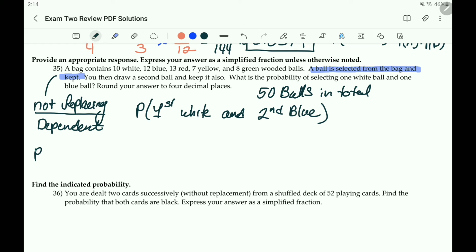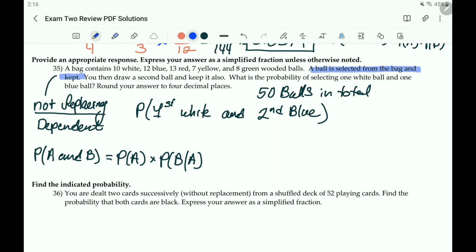And when you want to find the probability of 2 or more events, one after another, that are dependent, the probability of event A, which is the first event, and the probability of event B, which is the second event, is equal to the probability of the first event, A, times the probability of the second event, B, given that the first event has already occurred.